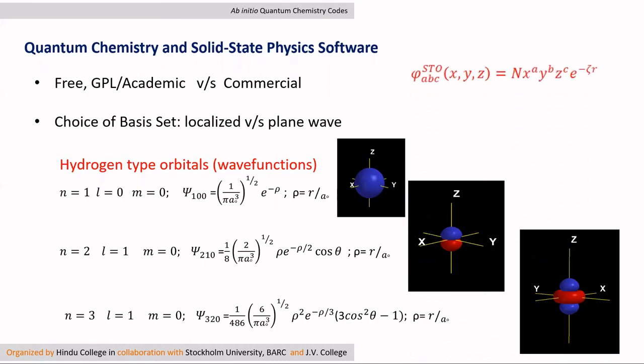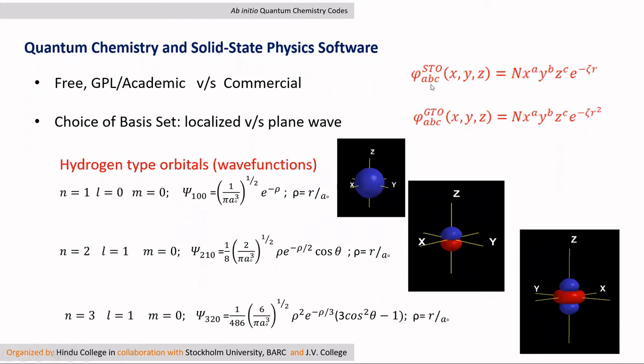Rather, they prefer Slater-type orbitals or Gaussian-type orbitals. Now, a Slater-type orbital has an e to the power minus zeta r variation, whereas Gaussian-type orbitals have an e to the power minus zeta r square variation.